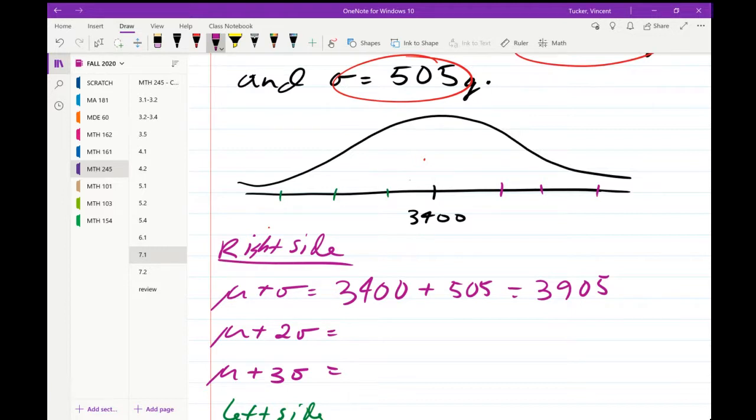Then for the second one, 3400 plus 2 standard deviations, 4410.